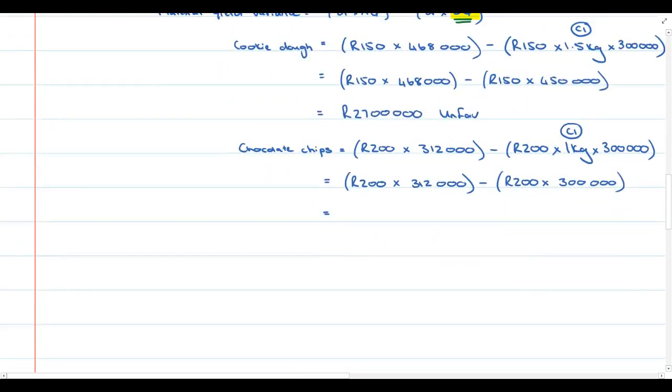And for chocolate chips, according to the standard, for each unit that is produced, they should input 1 kilogram of chocolate chips. So if they actually produced 300,000 units, they should input 300,000 kilograms of chocolate chips. They actually input 312,000 kilograms. So they actually used more than what they should have, and this variance is then also going to be unfavorable.